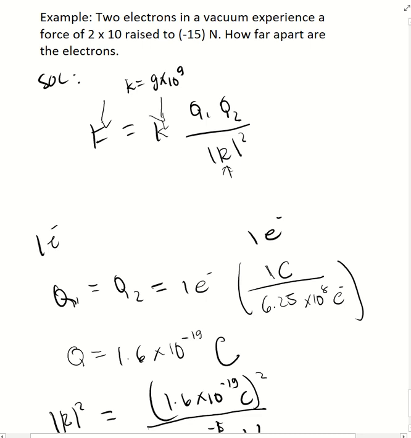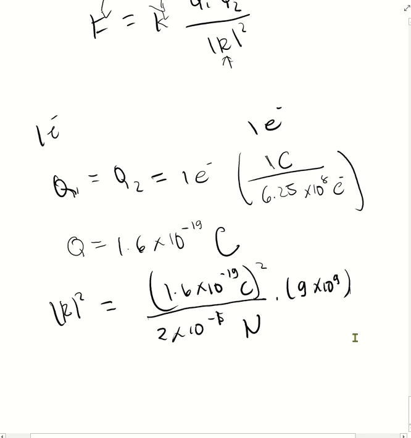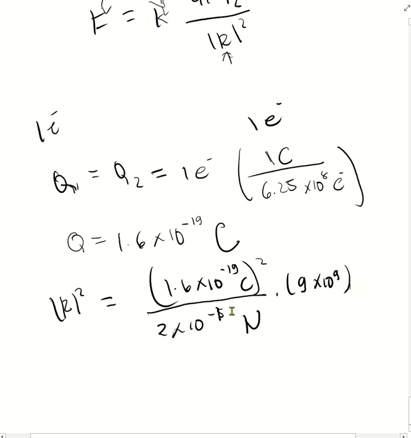If in CGS, it's equal to 1. But it's not in CGS, it's in MKS. So we use 9 times 10 to the 9. So where is that K now? You still need to multiply this one with K, and that is 9 times 10 to the 9. And that unit will cancel out so that the value for this one should be in meters. So now, you multiply, then you take the square root.